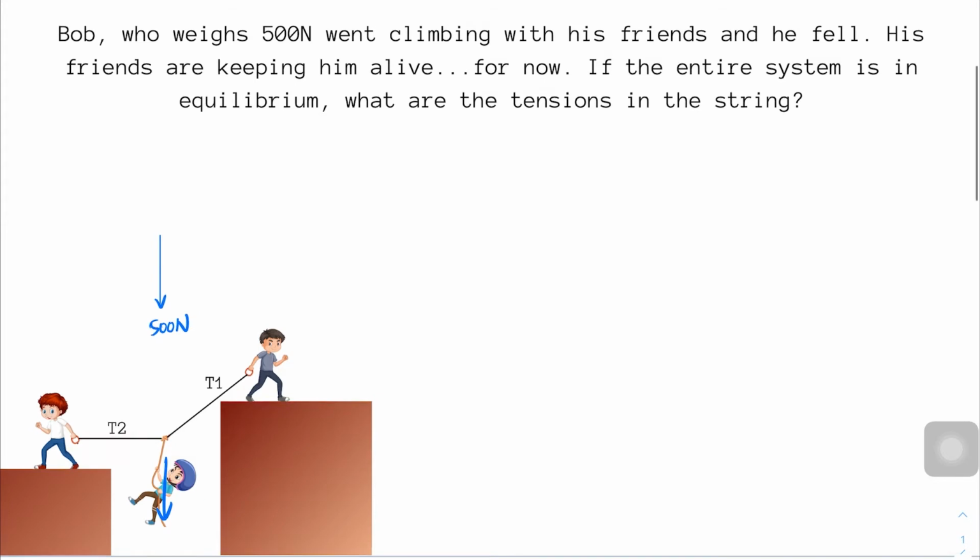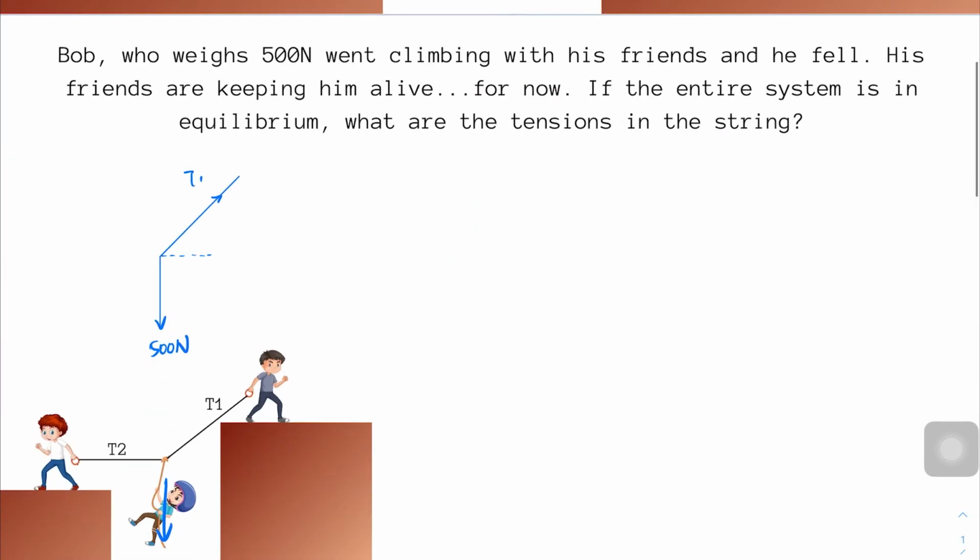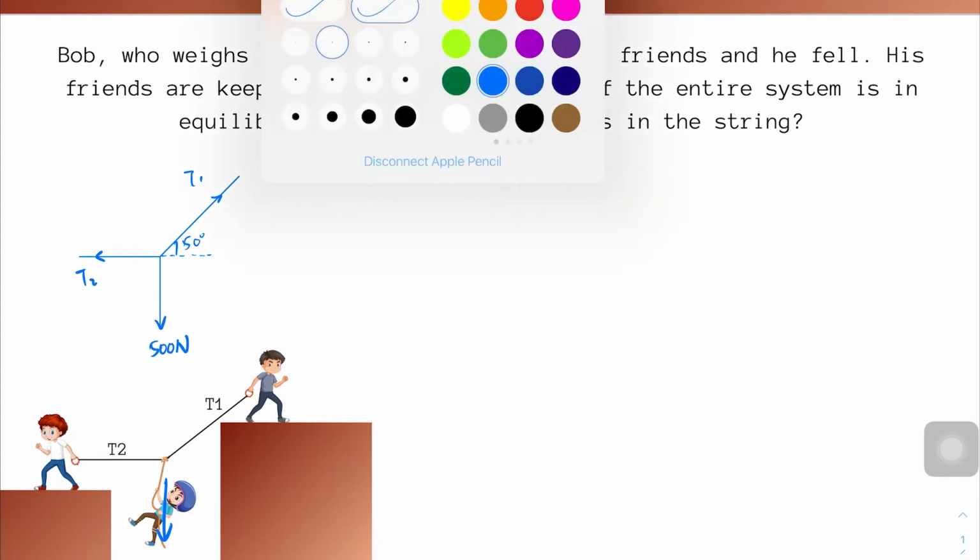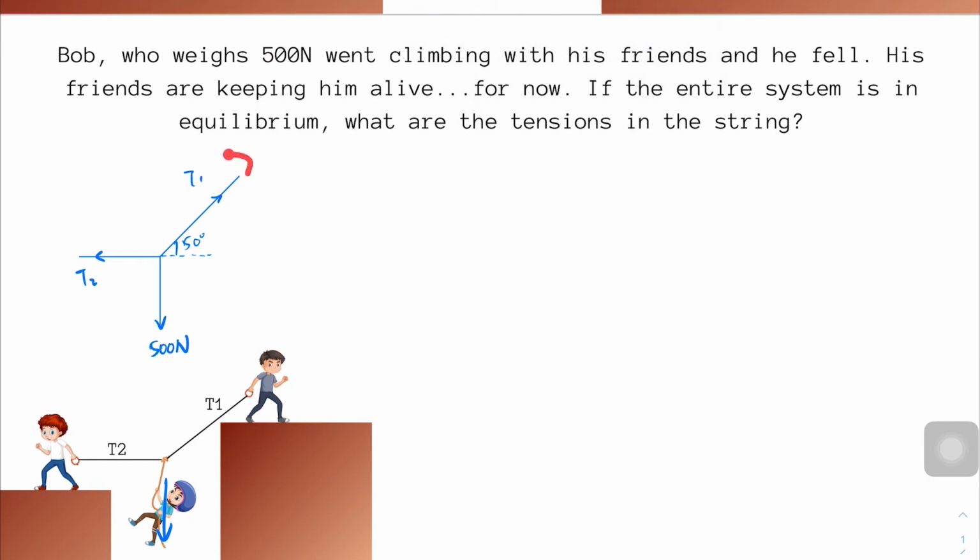I then have a tension 1 going up this way. That is tension 1, and that is 50 degrees to the horizontal. Then I have another tension 2 going this way. The key point here is to take note of tension 1. Since tension 1 is at an angle, I can resolve the force into a horizontal and a vertical component.